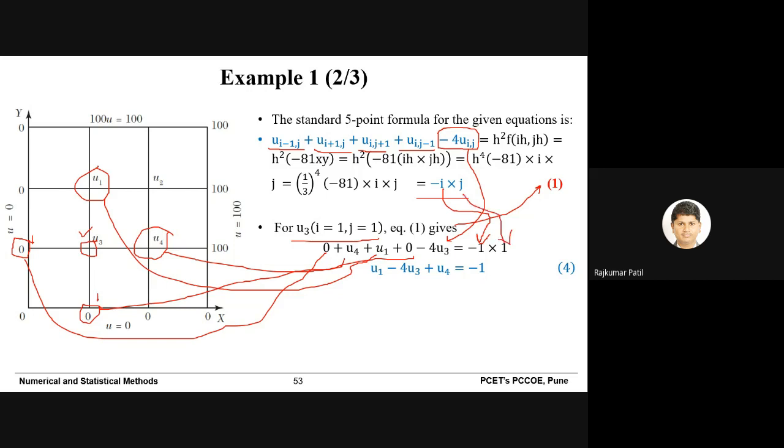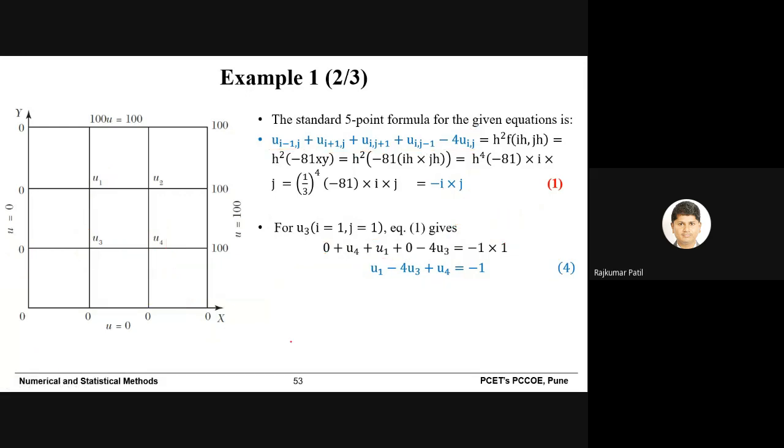So this is how you put the values of i and j, and upon simplification you will get the equation u1 minus 4u3 plus u4 equal to minus 1. So let's call this equation number 4.